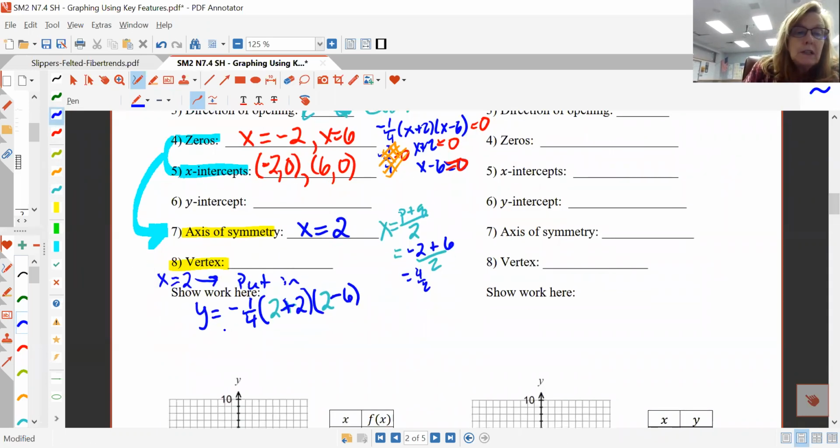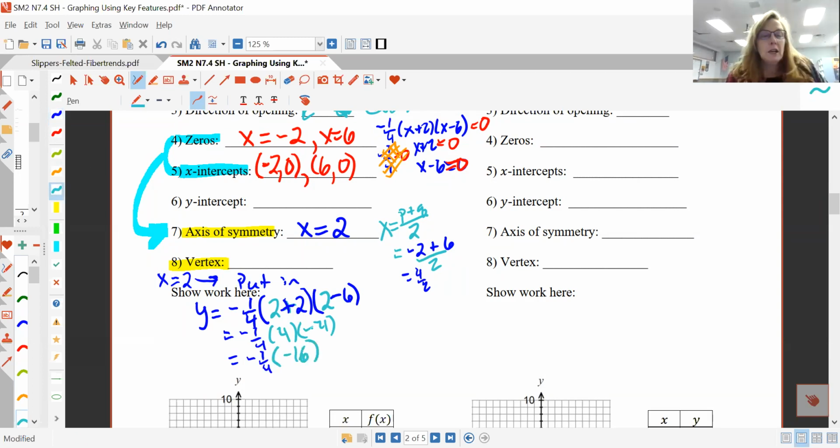So let's see what I've got. y equals -1/4. 2 plus 2 is 4. 2 minus 6 is -4. I multiply that. 4 times -4 is -16. From here, what I am noticing is that you have a fraction bar, and that means division. So I'm basically dividing by 4.